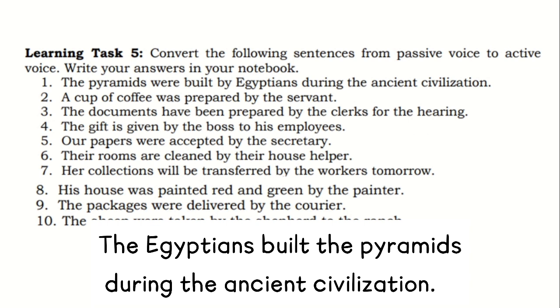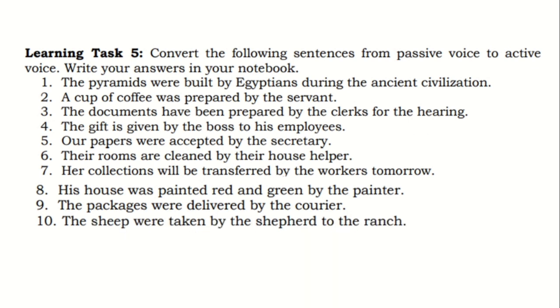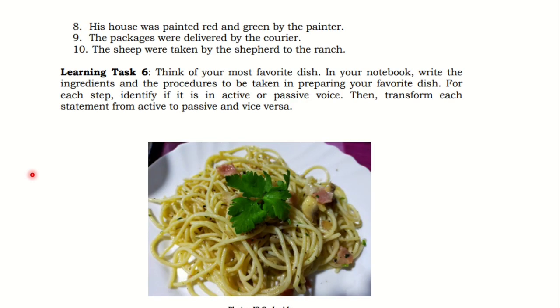Okay, so I know that you already have the gist of this activity. So find the answers 1 to 6 for task 5. Once you're done, you may check your answers and refer to the key to correction found on page 36. Okay, let us proceed with learning task 6. It says, think of your favorite dish. In your notebook, write the ingredients and the procedures to be taken in preparing your favorite dish.